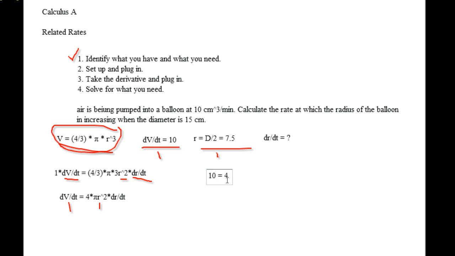So now we're dealing with something that looks like this: 10 equals 4 pi times 7.5 squared times dr over dt.